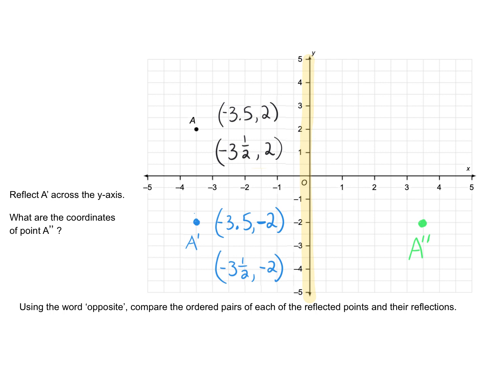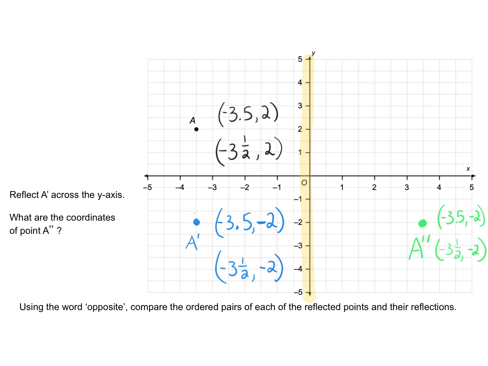So we're now going to take a look at the ordered pair, make sure it matches up. So I have positive 3.5, negative 2. And let's see if that makes sense from what we learned. So I crossed the y-axis, and my y value stayed the same.